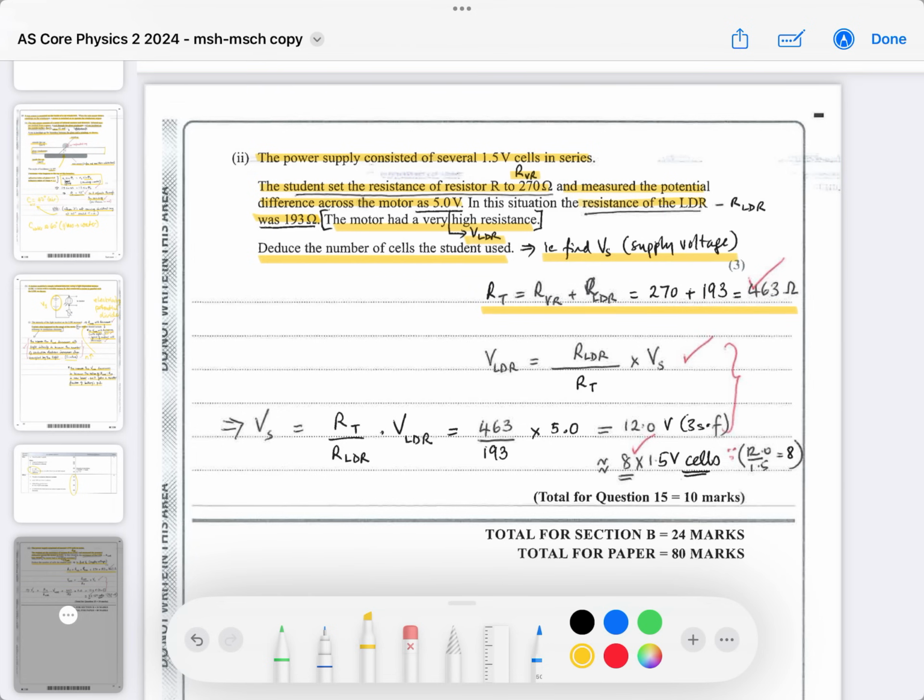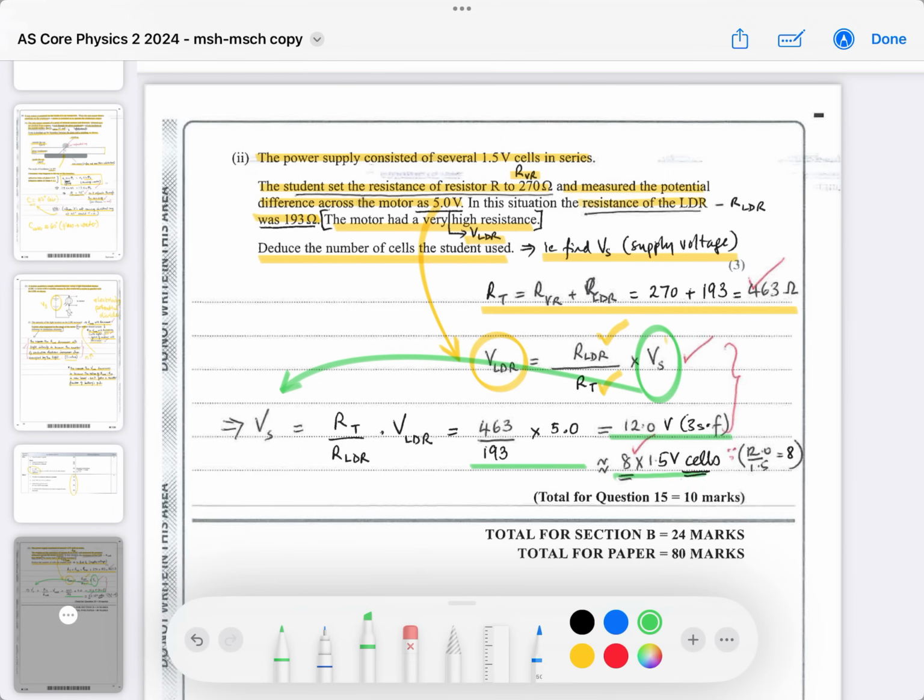And we know that the voltage of the LDR is 5 volts, yes, given to us in the question. So we know this value, we know our LDR, and we know the total resistance. The only thing we don't know is the voltage of the supply. So change the equation around, yeah. Make supply voltage the subject, and you get 463 divided by 193, multiplied by 5, which gives you 12 volts to 3 significant figures.